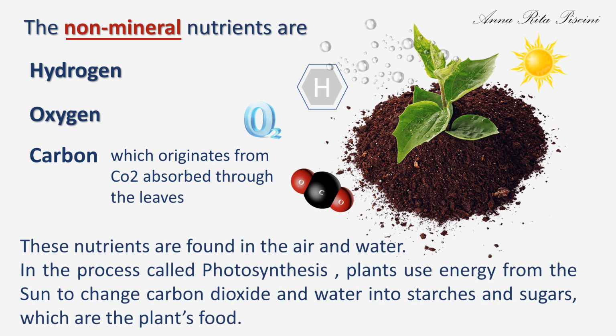These nutrients are found in the air and water. In the process called photosynthesis, plants use energy from the sun to change carbon dioxide and water into starches and sugars, which are the plant's food.